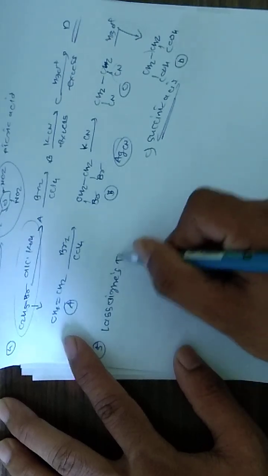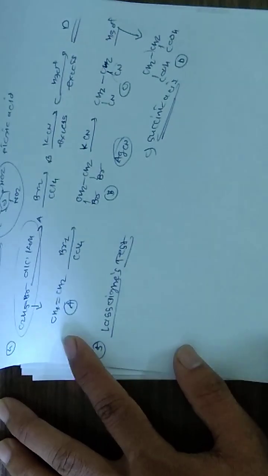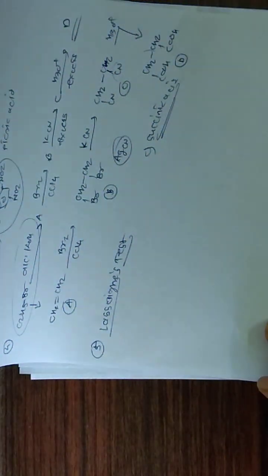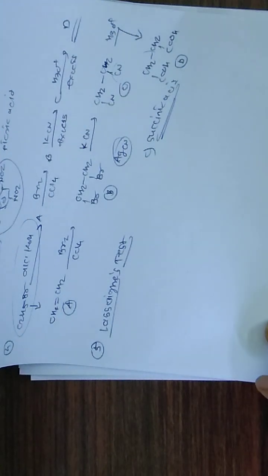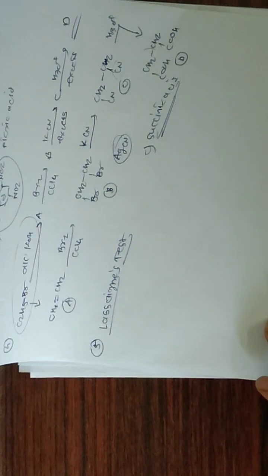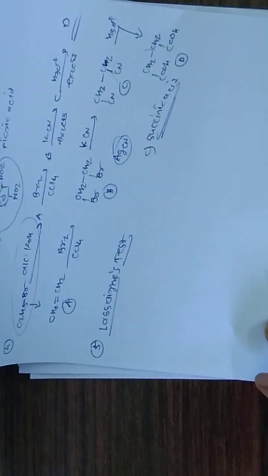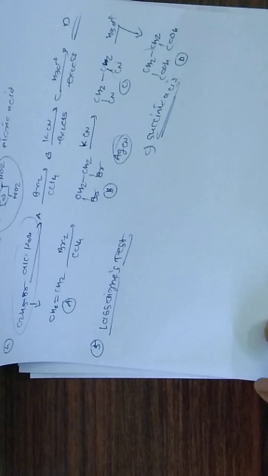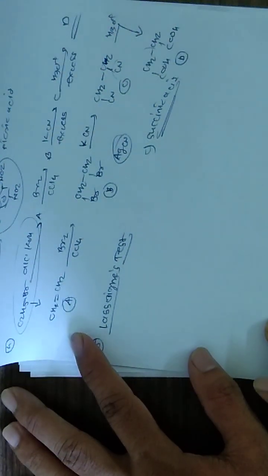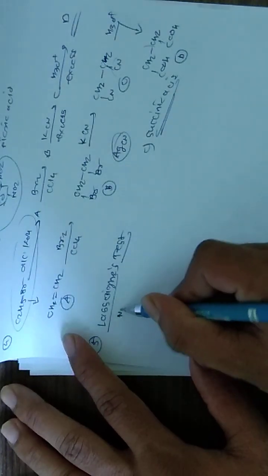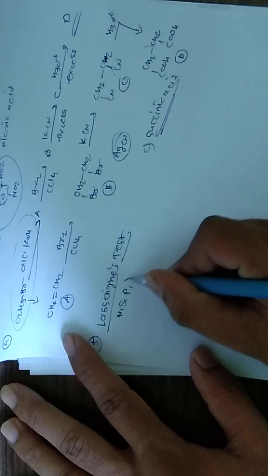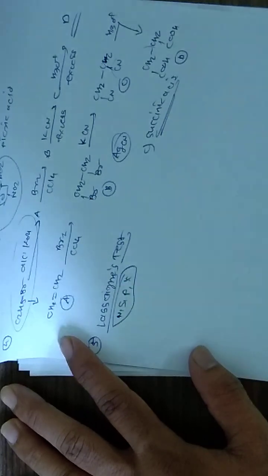If you did the practical in your organic chemistry lab to find out the structure of any given organic compound, then the elemental test is there, which is named Lassaigne's test. This Lassaigne's test is generally used for the detection of nitrogen, sulfur, sometimes phosphorus also, and halogens.